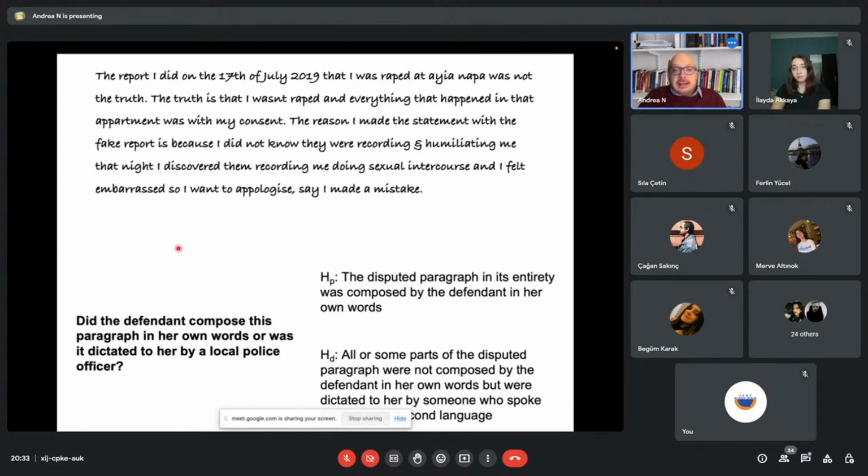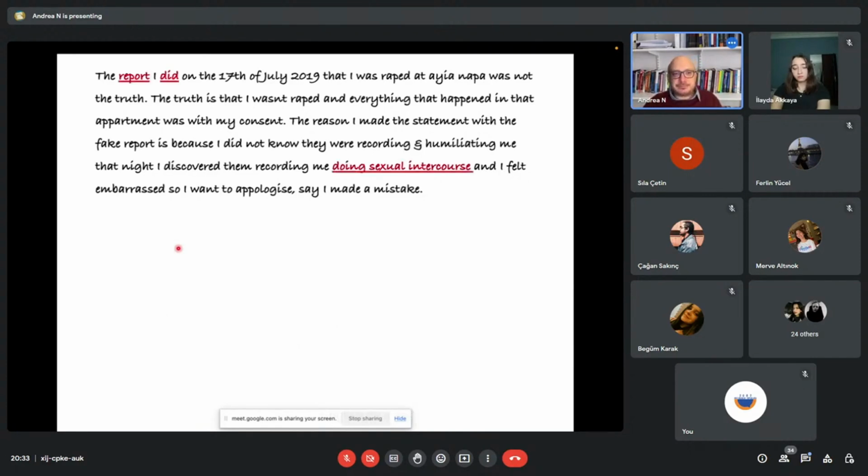And the methodology to do that is the same as for profiling. So in other words, you have to identify salient markers that can basically provide evidence for one or the other hypothesis.